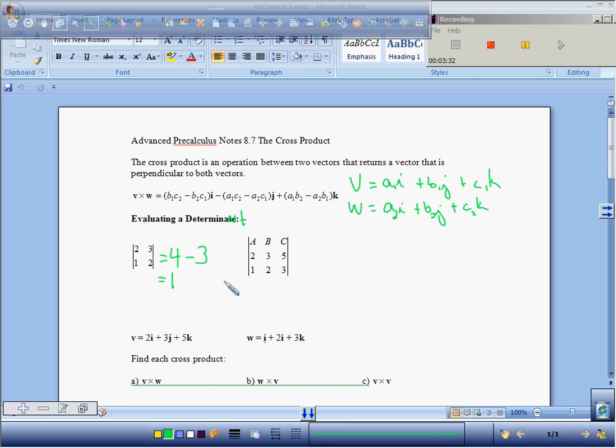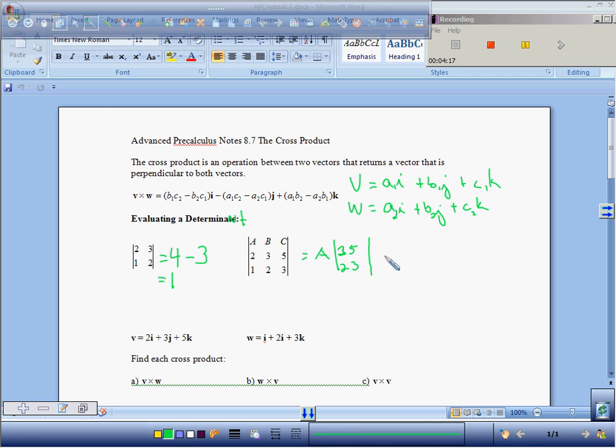Now with a 3 by 3 determinant, this is equal to A times the determinant, and what you do is cross out the column that A is in and the row that A is in, and then you look at the quantity left over. So it's A times the determinant 3, 5, 2, 3.